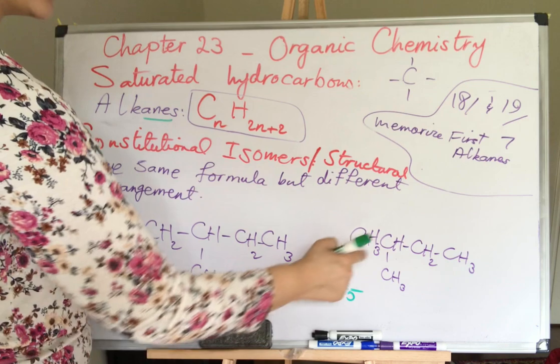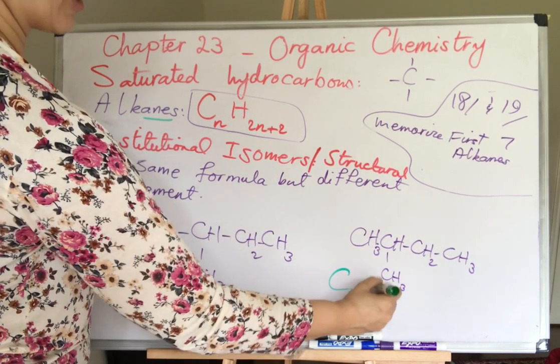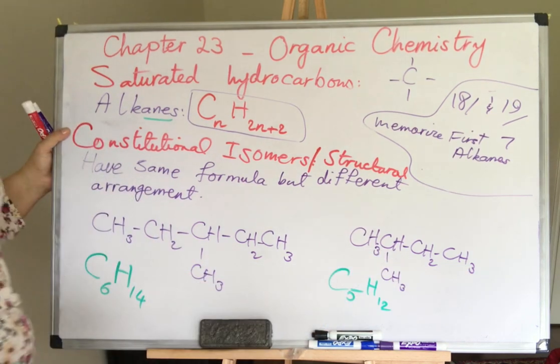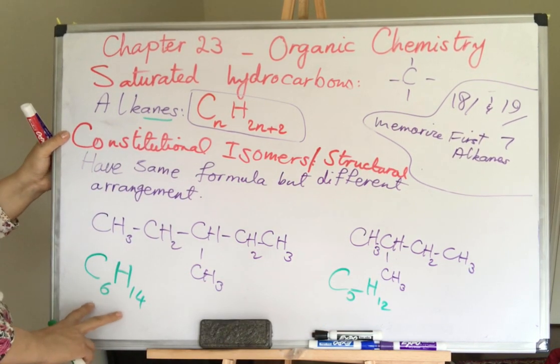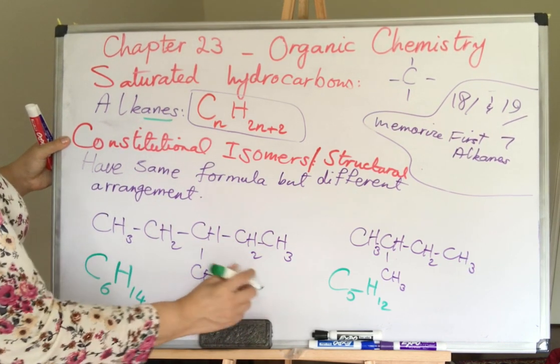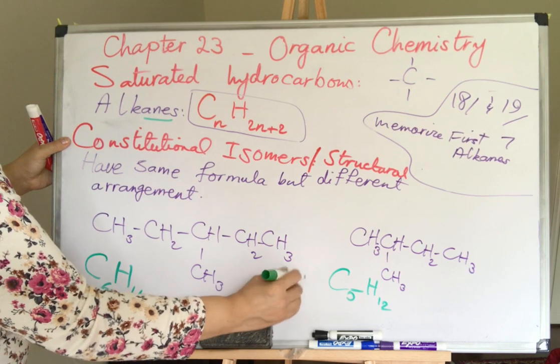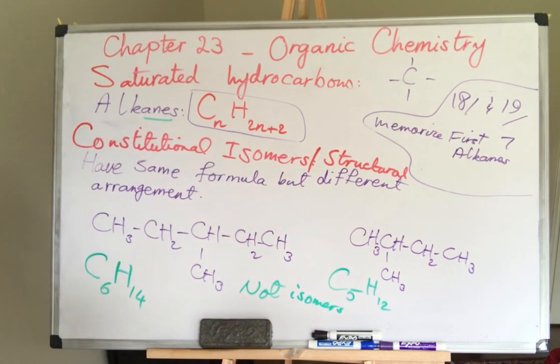And how many hydrogens? 3, 4, 6, 9, and 12. Are they constitutional or structural isomers? No, none of the atoms are the same, not carbons, not hydrogens. So they are not constitutional isomers. That's how you determine constitutional isomers. Don't worry about not knowing the name. Just count the carbons and hydrogens and determine it. That's all.